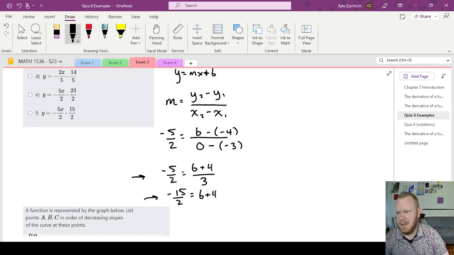So we're going to subtract another 4 on top of that, so -8. So minus another 8/2 is going to be -23/2. That tells us that we're looking at this answer choice here.